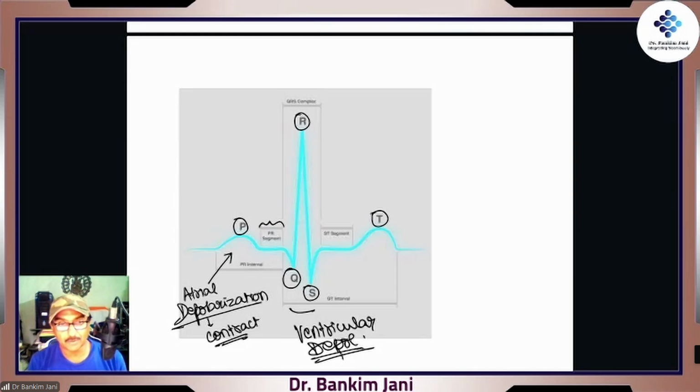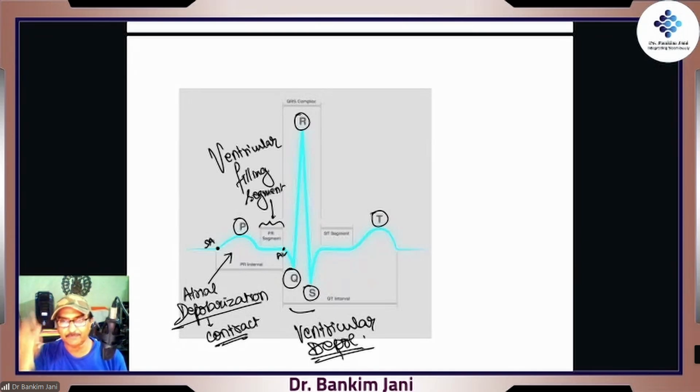PR segment is when SA node has fired, and this is the point when the AV node will fire. This is the SA node. This is the AV node which has fired. So it is this PR segment which is actually the filling segment. This is the time when the ventricles are getting filled. Ventricular filling phase.